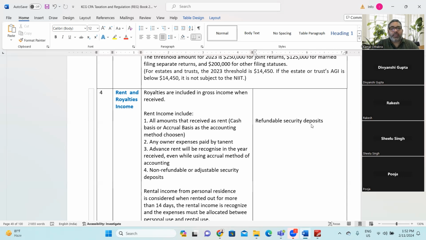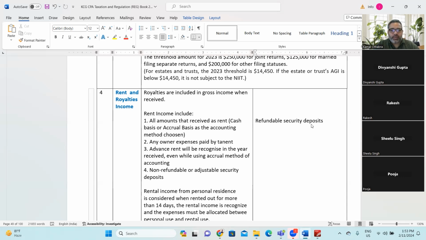Now, non-refundable or adjustable security deposits. Most of the time we pay a security deposit to the landlord, and it is generally adjusted against the last month's rent. Those non-refundable or adjustable security deposits are considered taxable in the year of receipt. Refundable security deposits are not taxable.